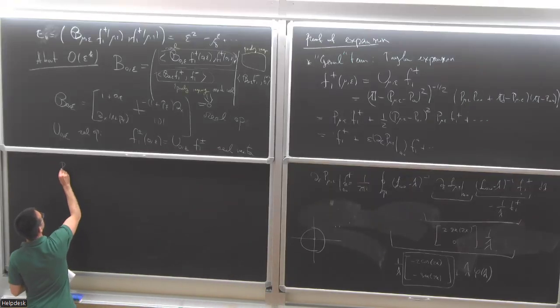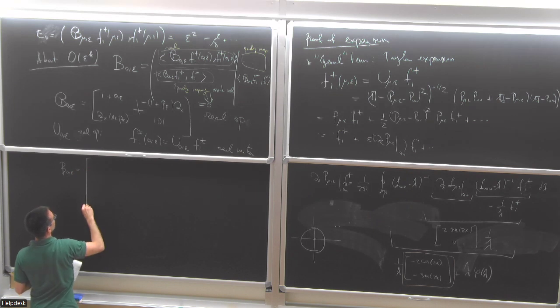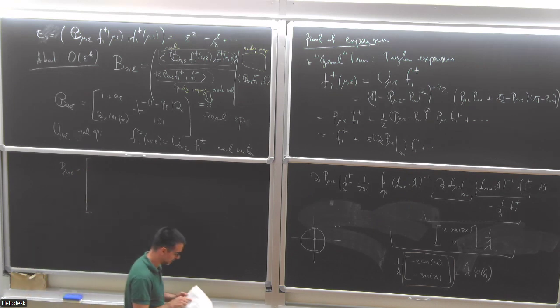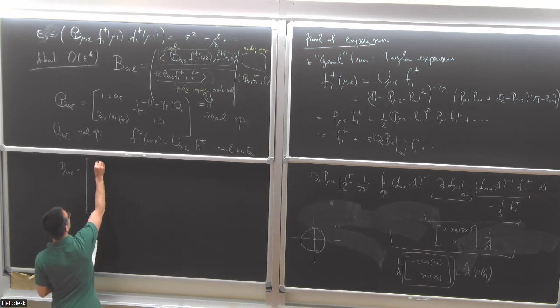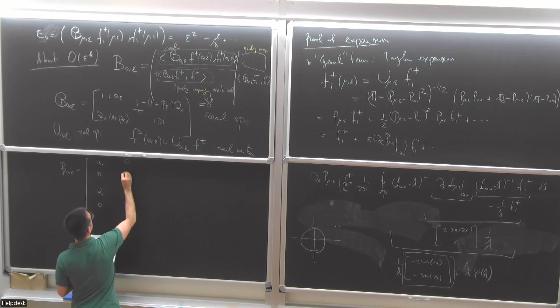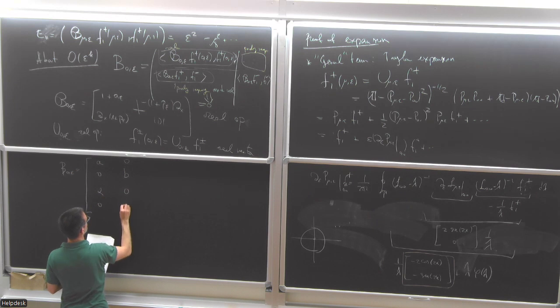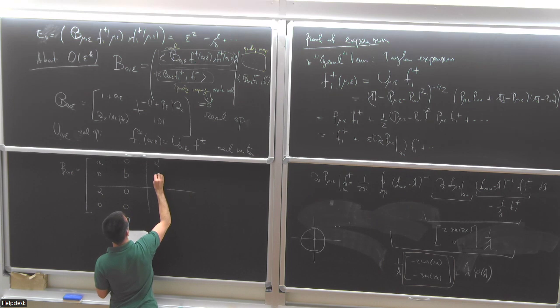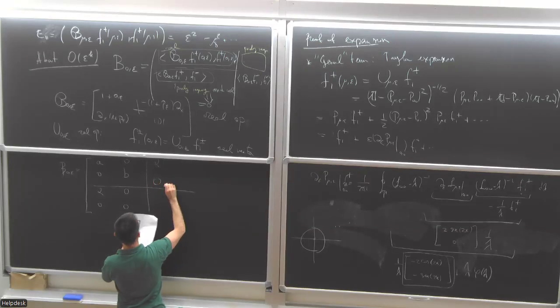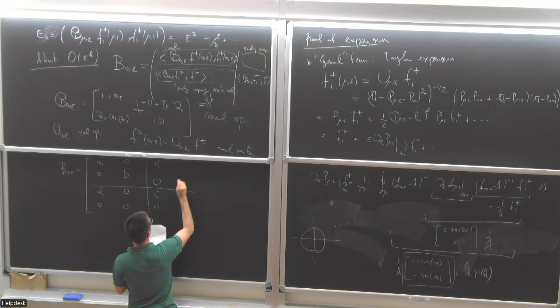So B 0 epsilon is a 4 times 4 matrix, and by doing nothing you know that it must have the form A, 0, some other alpha, 0, 0, a certain number B, 0, 0, and then there is another block, alpha, so this is symmetric, then 0, C, 0, and then you have 0, 0.